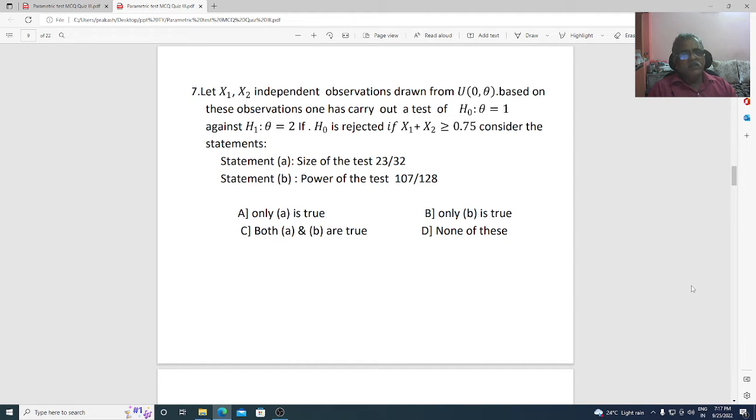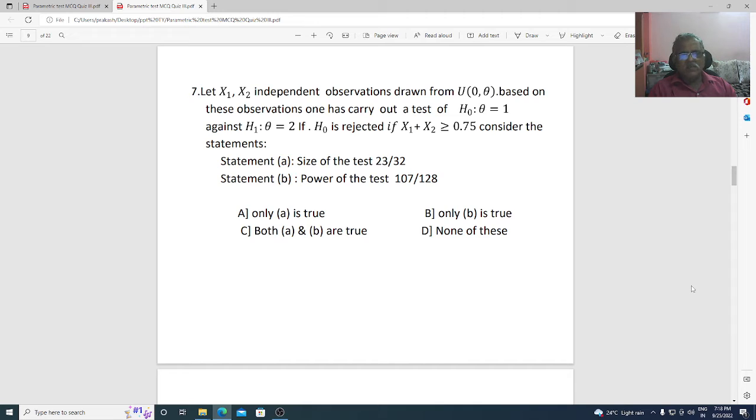Question number 7. Let x1, x2 be independent observations drawn from uniform(0, θ). Based on these observations, one has carried out a test of H0: θ = 1 against H1: θ = 2. H0 is rejected if x1 + x2 ≥ 0.75. Consider the statements.